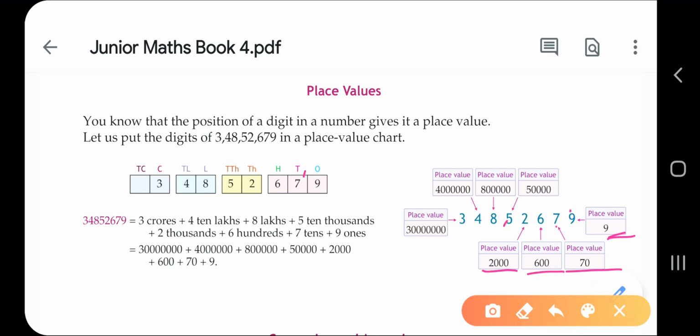Again, this is 5, and 5 is on the 10,000s place, so the place value of 5 will be 50,000. This is 8 lakh, this is 40 lakh, this is 3 crore. So this is the value of these numbers on their places.